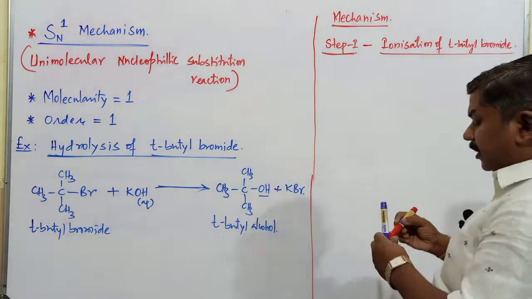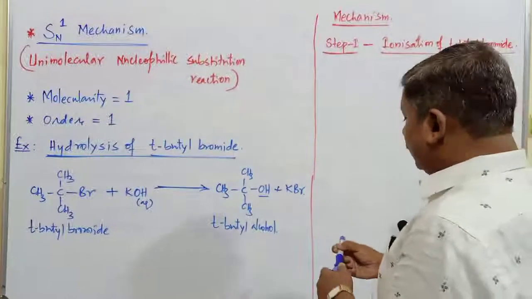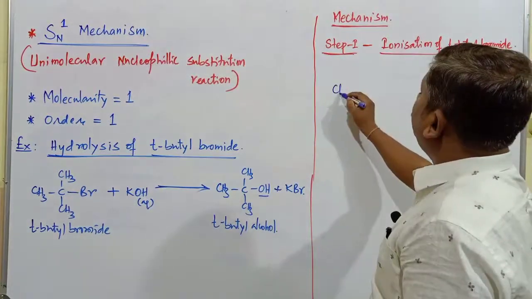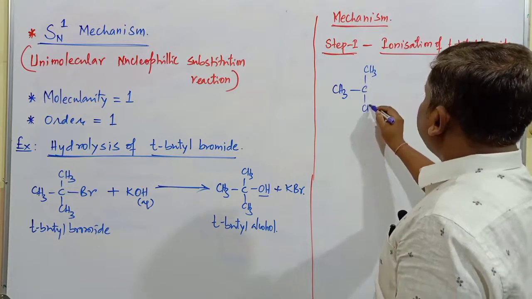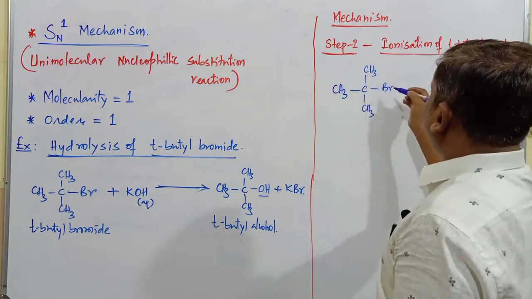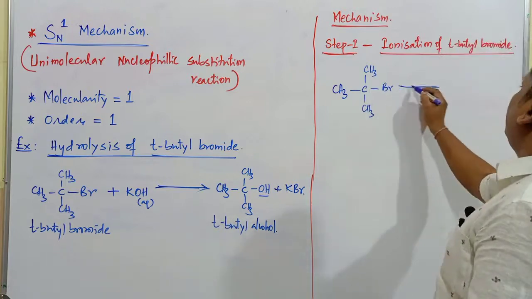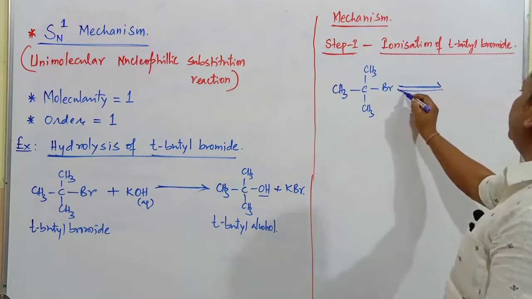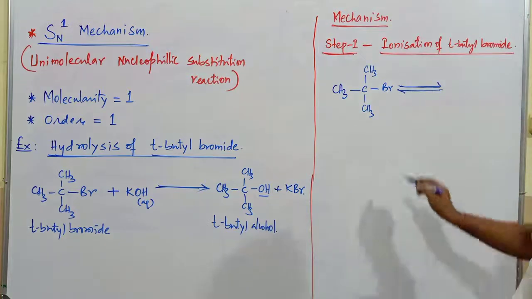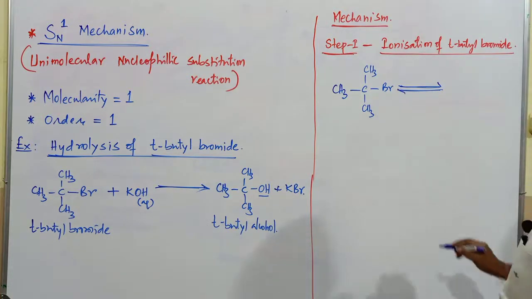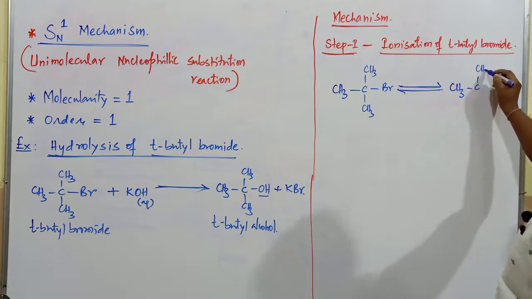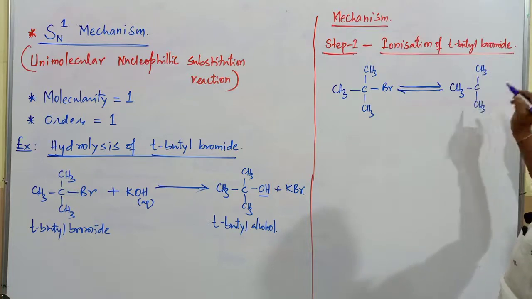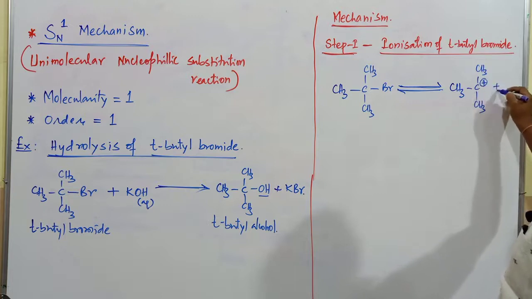This tertiary butyl bromide is a molecule containing bromine as the leaving group. This is CH3 carbon, CH3, CH3, and this one is bromine. So this molecule undergoes ionization, because bromine is one of the better leaving groups. After ionization, this is CH3, CH3, CH3 with a positive charge, plus the bromide ion.